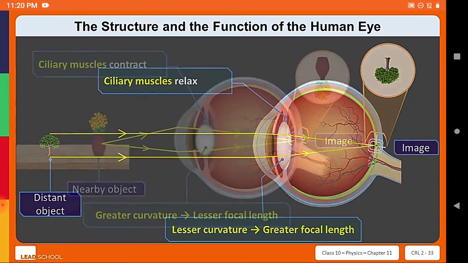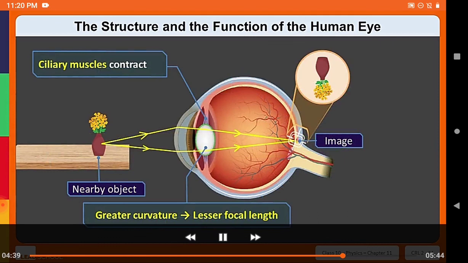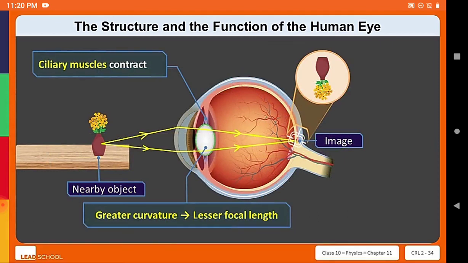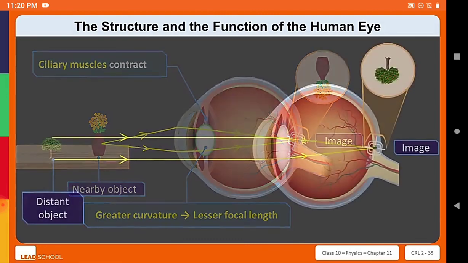When viewing nearby objects, the ciliary muscles contract to increase the curvature of the eye lens. This makes the eye lens thick, and the focal length of the eye lens decreases. This helps the eye to focus on nearby objects, and their images are formed on the retina.